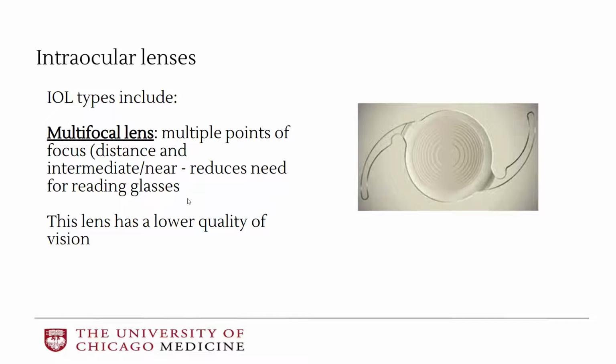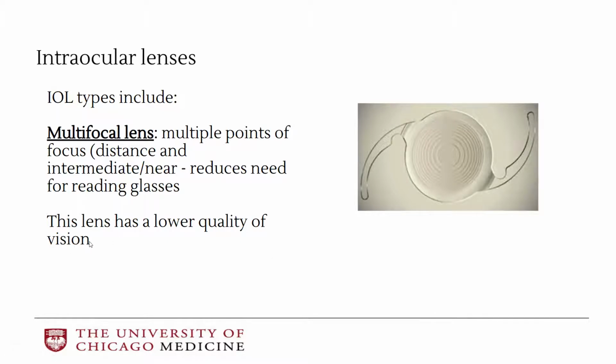These lenses reduce the need for reading glasses, and you can see the picture on the right here. There are these rings in the lens itself, and it basically splits the light. Some of the light coming in your eye comes from far away, some of it comes from up close, and so that gives you the ability to see both far away and up close.